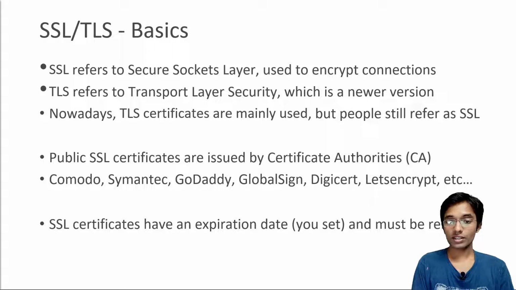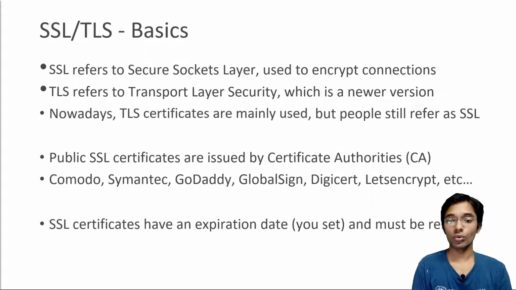Public SSL certificates are issued by something called a certificate authority, and you have many public certificate authorities such as Comodo, Symantec, GoDaddy, GlobalSign, DigiCert, and Let's Encrypt, which is the most common one. When a certificate is issued to you, it has an expiration date.